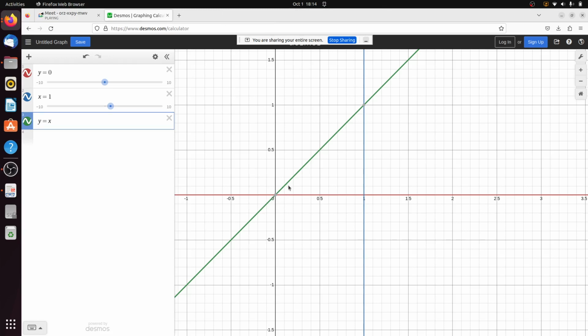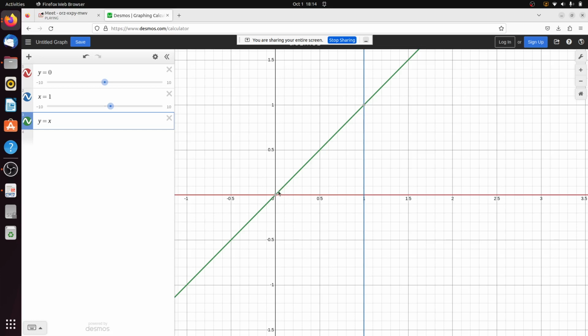Now, y varies from 0 to x, from the line y equals 0 to the line y equals x, and x varies from 0 to 1. Then we can cover this triangle, or we can use another procedure. How?